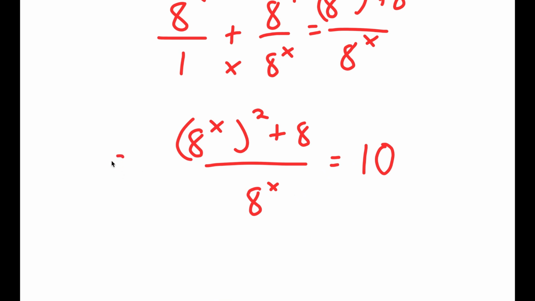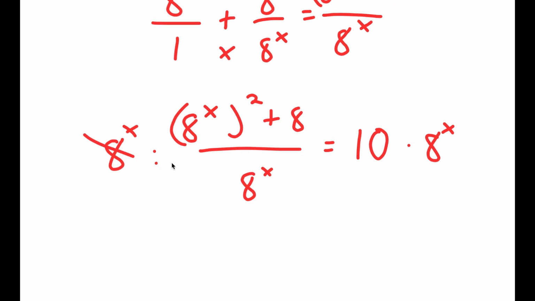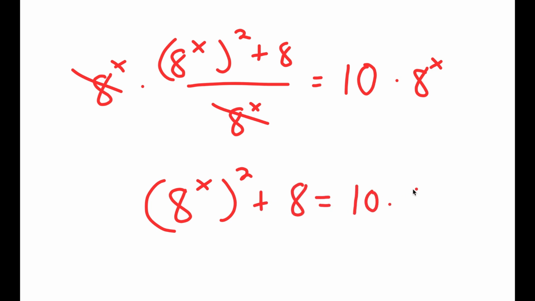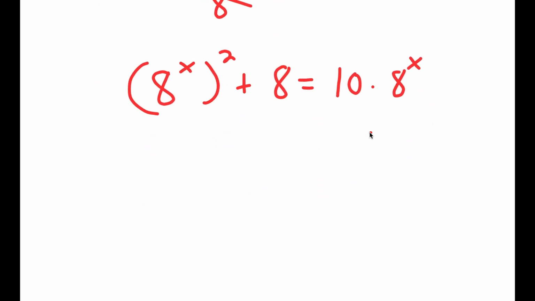Now I'm going to multiply both sides by 8 to the power of x. So then these two cancel out, and I get 8 to the power of x squared plus 8 is equal to 10 times 8 to the power of x. Now, since we have two 8 to the power of x's over here, I'm going to let the variable u equal 8 to the power of x.